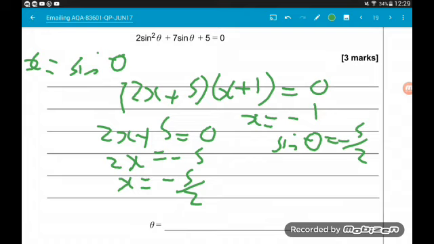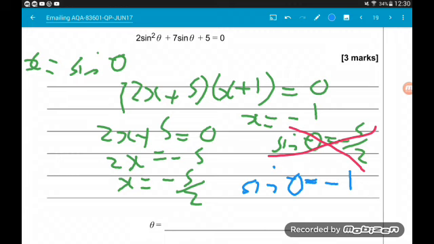So sine theta being equal to minus 5 over 2 doesn't make sense, because that's minus 2.5. So that has no solution. So quite happily, we can say goodbye to that equation. So what we actually want to solve is sine theta equal to minus 1 between 0 and 360 degrees.